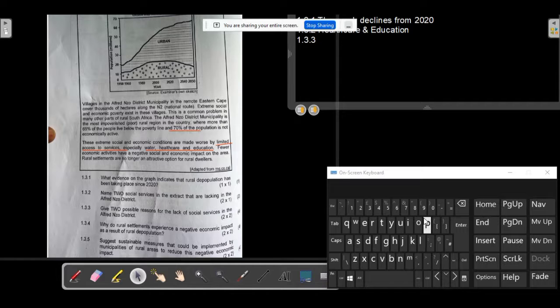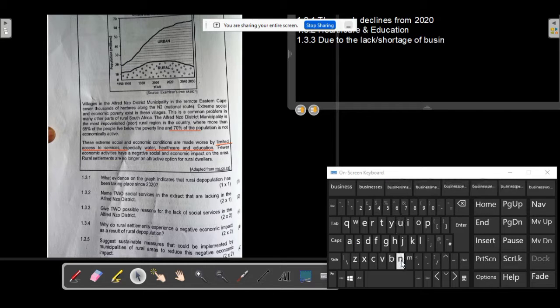This is what I would write. I would say, due to the lack, or shortage, of businesses, local municipality.